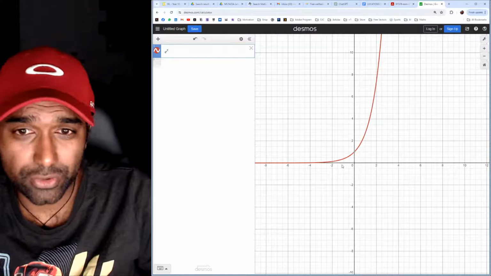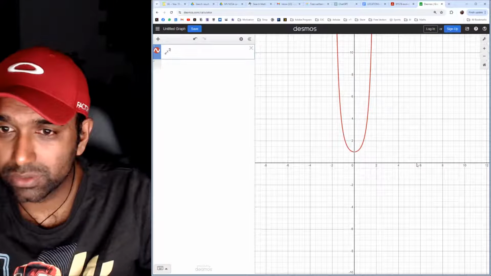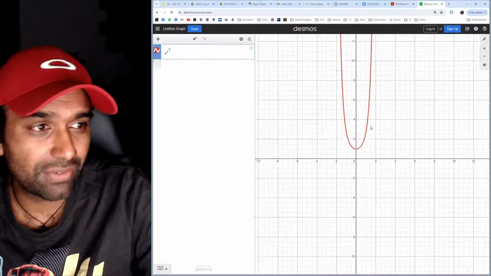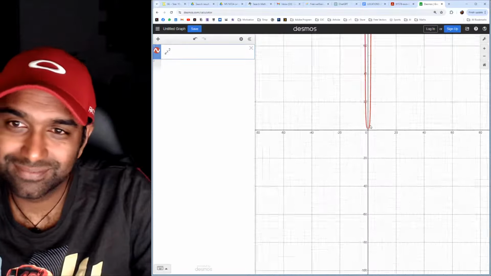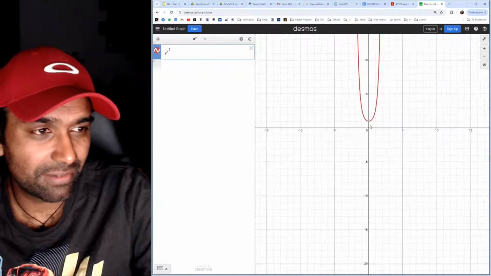If I put that as e of x squared, as you can see, it is never going to equal 0 ever. So you can't have an x value where e of x squared is equal to 0. The graph looks like this, symmetrical, and it just never comes near 0.